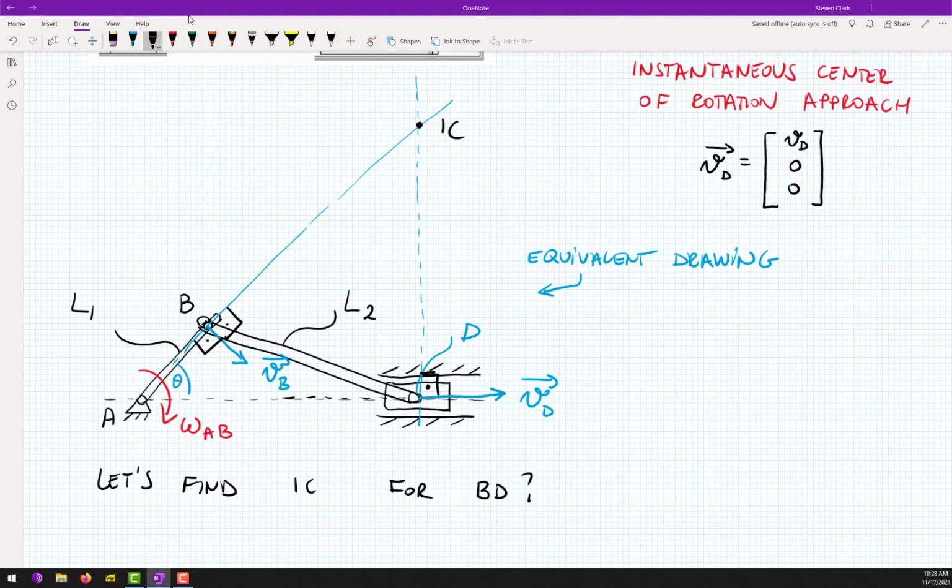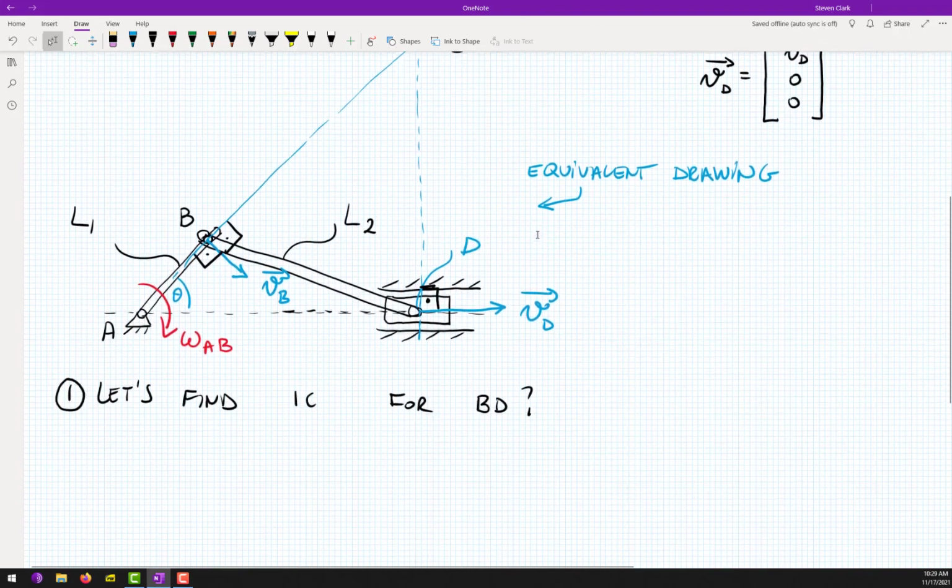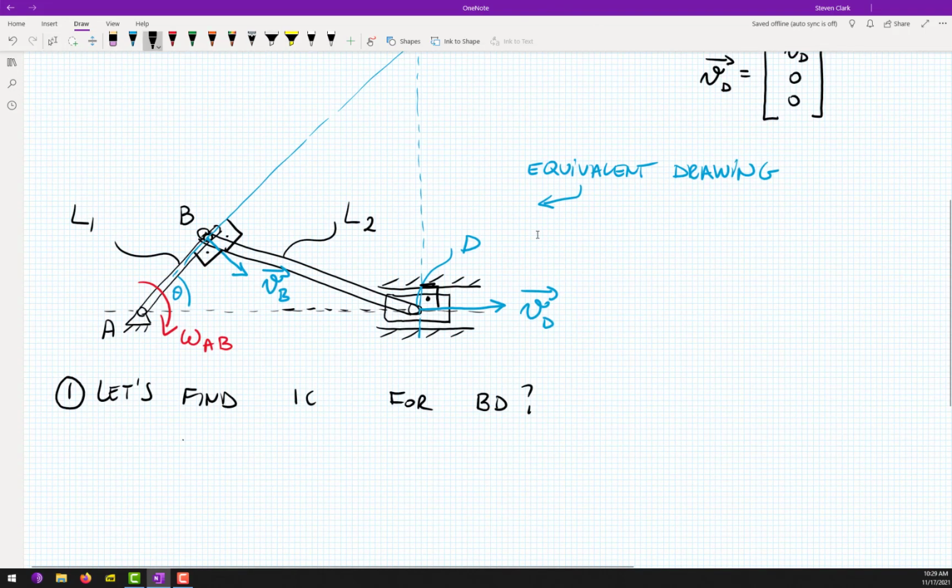Now I would like to find omega of BD. This is our task right now, the omega of that bar.